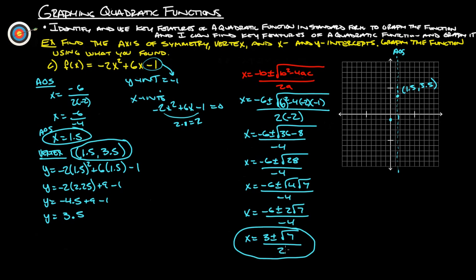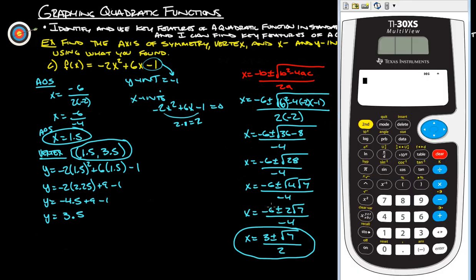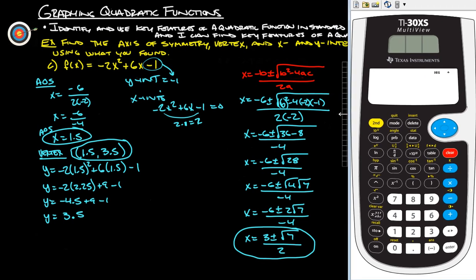Normally, this will work out a little bit nicer so you can find them easier, but this one didn't. So let's plug this into the scientific calculator here, and we can actually calculate what the actual x-intercepts are, just to make sure that we're doing okay.